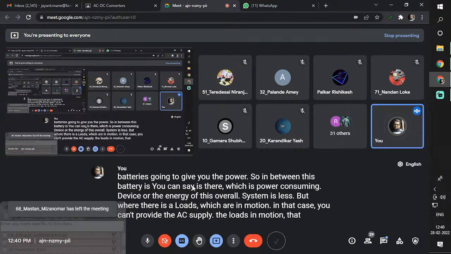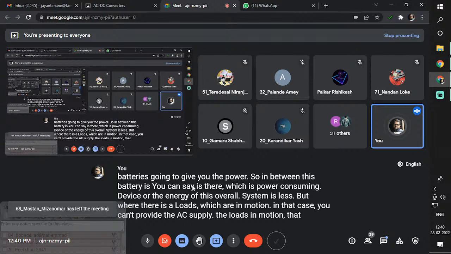But I'm talking about the loads which are there in our house or maybe in industries which need the DC. So we can avoid the battery in this case and we can provide the DC supply. No doubt the same circuit can be used for battery charging also, and the same circuit can be used to drive the DC loads also.